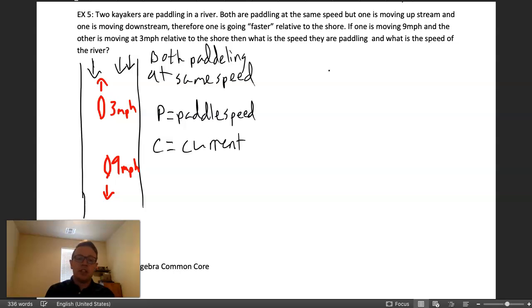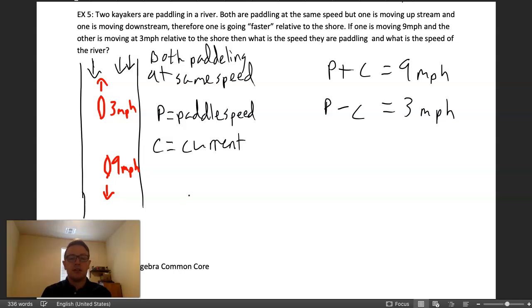Well, we know that the one who is paddling and gets the benefit of the current, their speed is 9 miles per hour. Right? So they're going downstream, they get the paddle, plus they get the extra speed. But the other person, they're losing speed to the current. They're working against it, and they're slowing down. Their speed is 3 miles per hour.